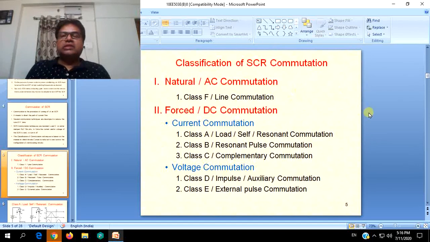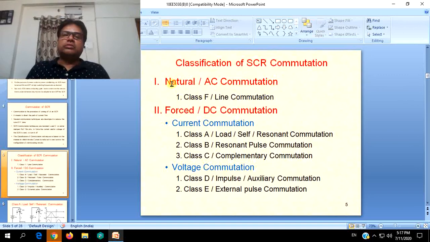When it comes to the classification of SCR commutation, it is mainly classified into two types: natural commutation or forced commutation. Strictly speaking, it is AC commutation or DC commutation. It depends on the source. When the source is AC, there comes a natural zero voltage, natural zero current in a given half cycle. So it will be called natural commutation.